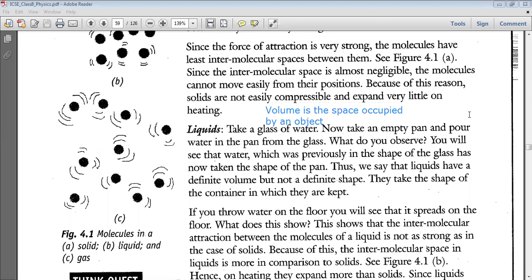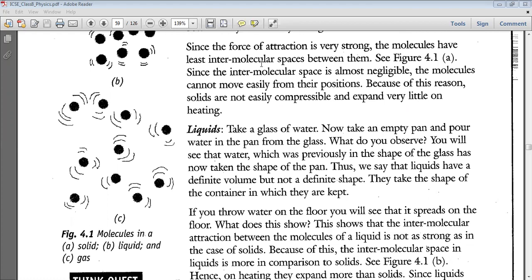Okay, so volume is actually the space that is occupied by an object. So the volume that the liquids occupy remains the same. Doesn't matter whether it is kept in a glass or whether it is kept in a pan. Okay, so it has got a definite volume but not a definite shape.